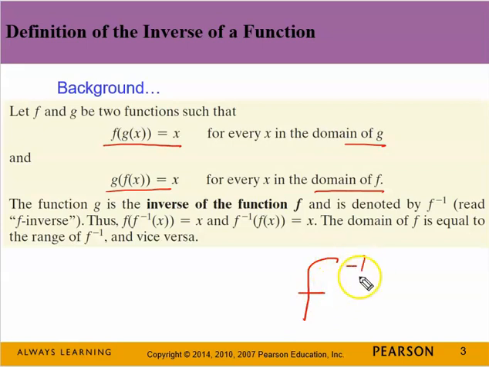Now, this is not an exponent here. This is the symbol for the inverse function. And basically, it's exchanging the x value with the y value. And you'll see that illustrated as we go on.